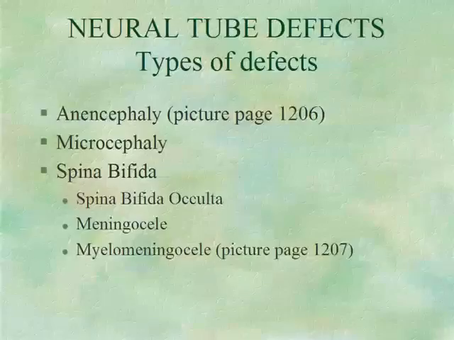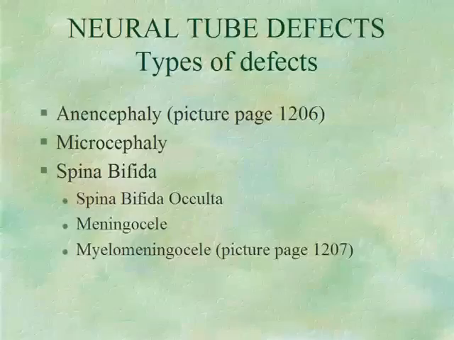Basically, this is a condition that is incompatible with life. There's pretty much an absence of much in terms of the brain structure. A child born with anencephaly is probably not going to survive much past a few minutes, a few hours after delivery. Some perhaps may even be stillborn.